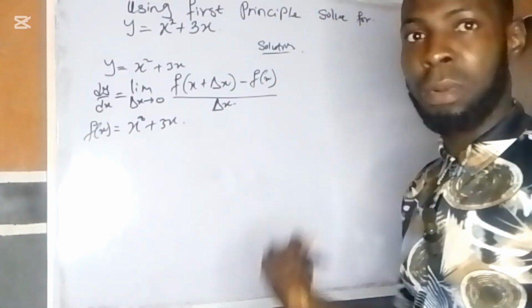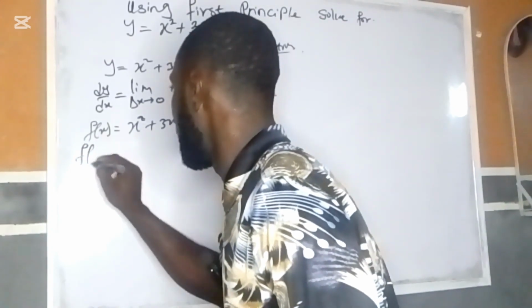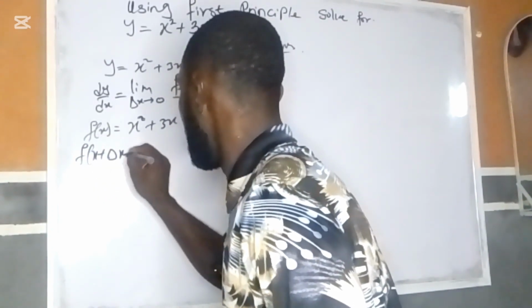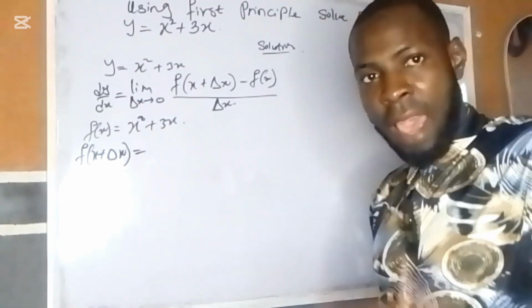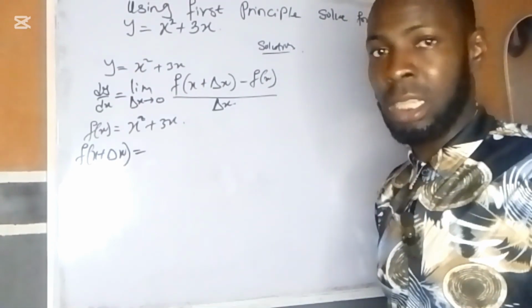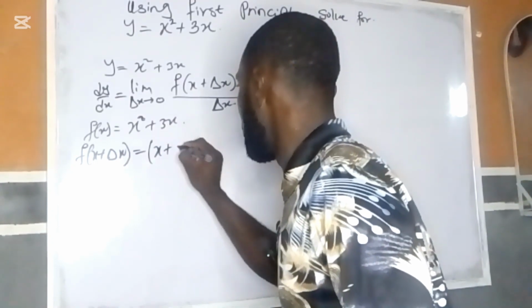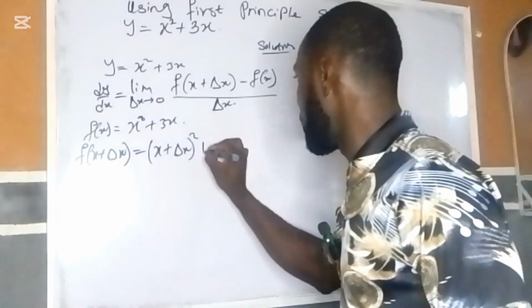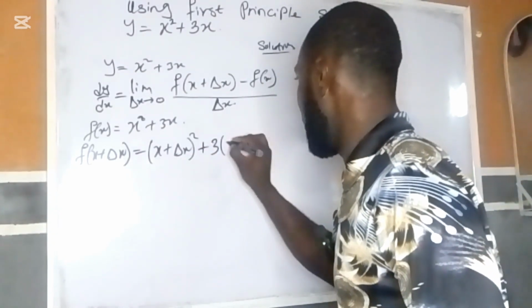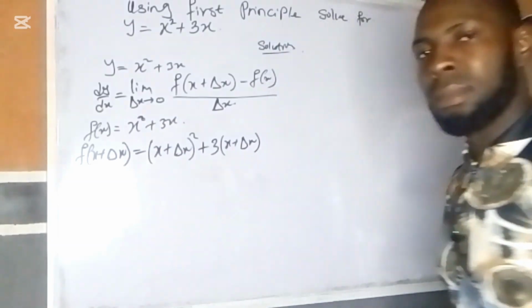We need f of x plus change in x, so anywhere we see x, we put x plus change in x. Which means we have here x plus change in x squared, plus 3 open bracket x plus change in x. Have you seen it?